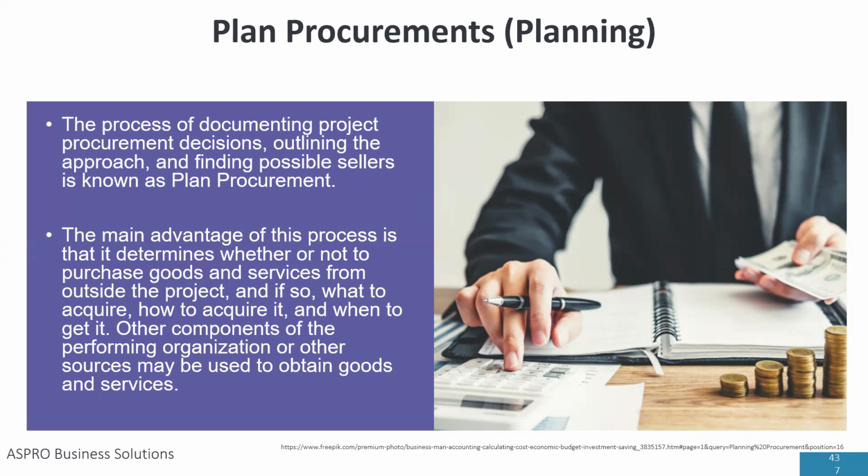We must have something we both agree to. And we start the knowledge area, plan procurement, with a plan. And the goal of that plan is to guide us on how to select the best vendor that we can. That's the goal of procurement planning.